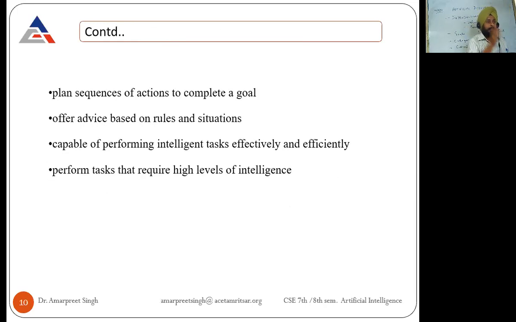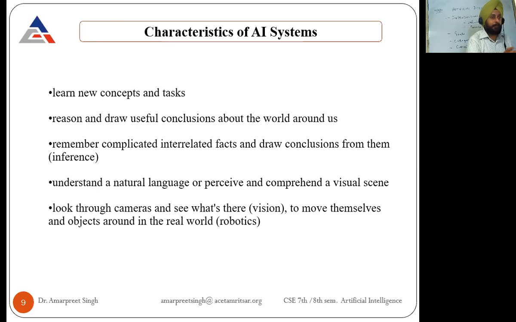The next characteristic is to understand a language, the natural language that we use day to day, or to perceive and comprehend a visual scene. What we see, we have to comprehend.